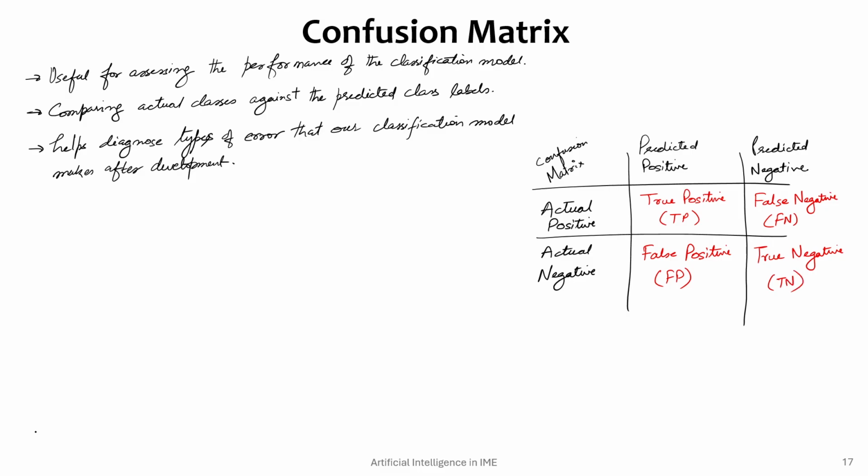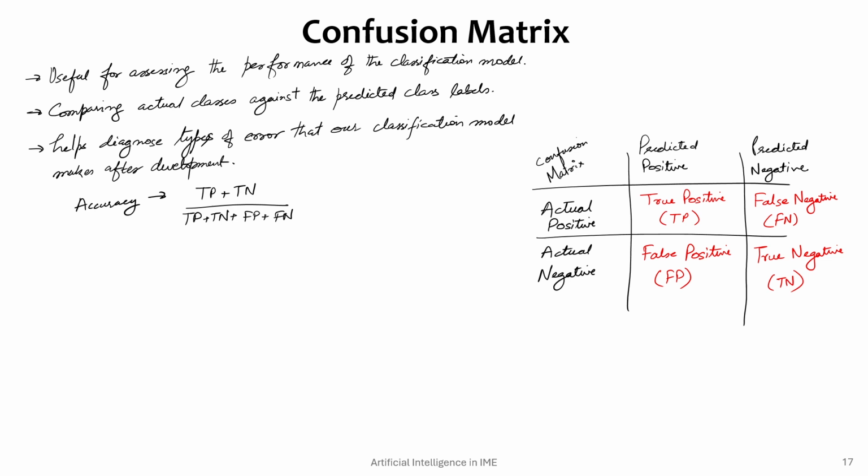So we have talked about accuracy earlier. Now we will utilize this accuracy and develop its formula by looking at the confusion matrix. So accuracy is true positive plus true negative divided by all of your predictions, that is true positive plus true negative plus false positive plus false negative.